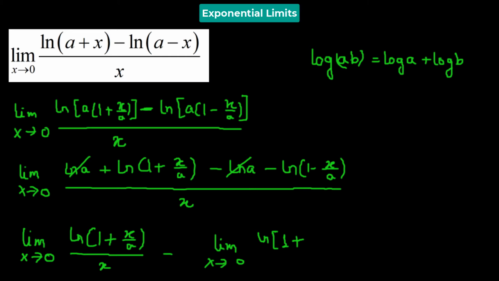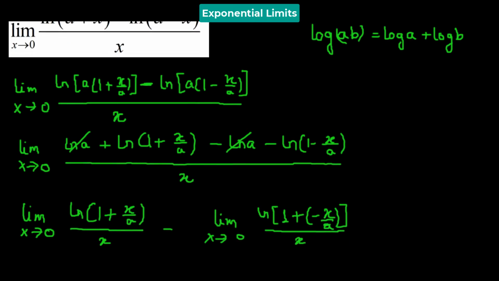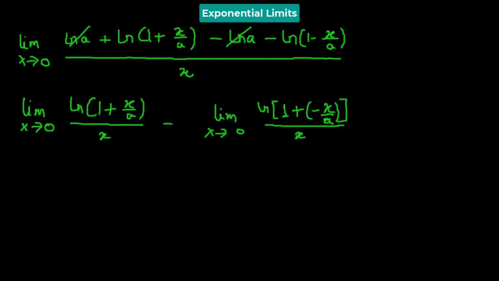We'll rewrite it as 1 plus negative x over a. Now we need x over a in the denominator, so we divide x by a, which means we need to multiply by a. Similarly, here we need negative x over a, so we multiply by negative a.